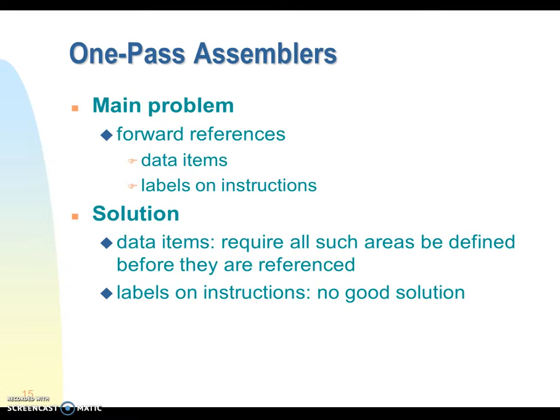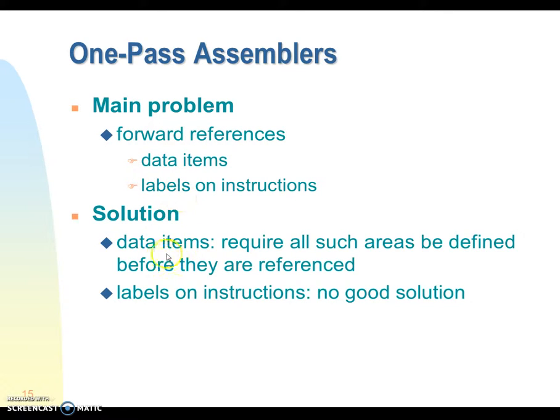Next I'll move on to the second type, the one pass assembler. Here we make only one scan over the source input. The main difficulty is the handling of forward references, that is, data items which appear in a later part of the program.